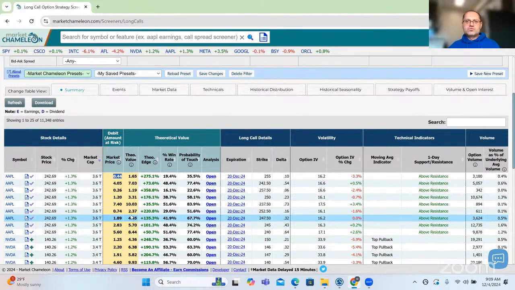So we don't know what's going to happen between now and expiration in the stock or in the option. But let's look from the perspective of what we think our risk is and potential reward. So is 44 cents a crazy price, or does it seem like a pretty low price relative to history?